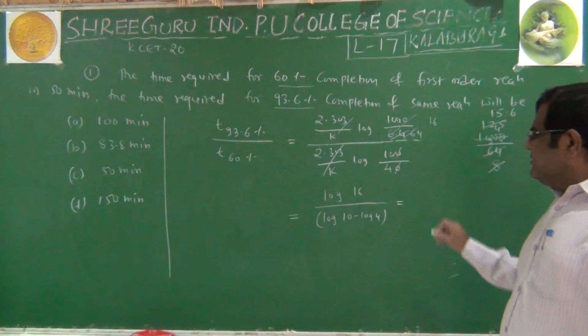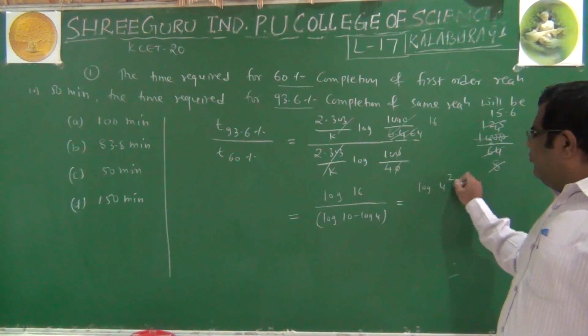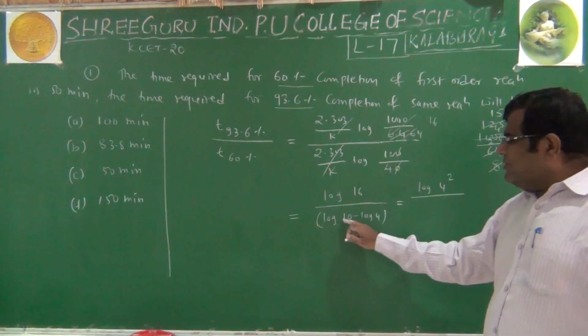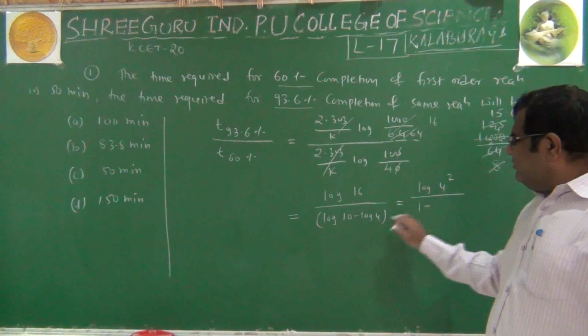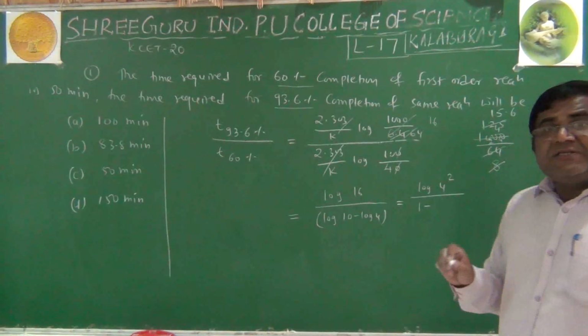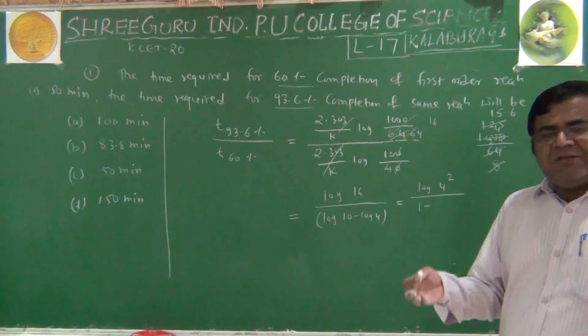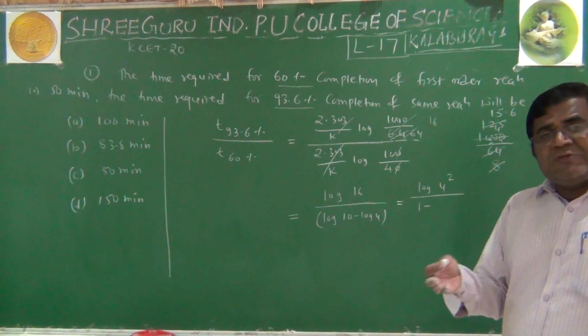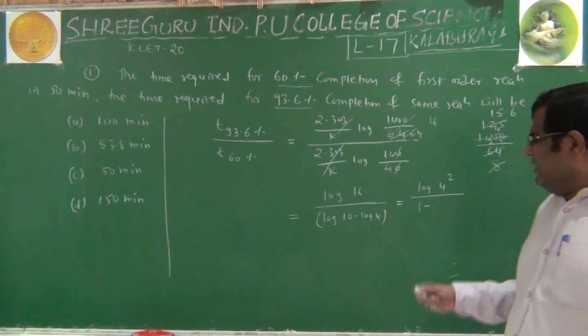Log 16 is nothing but log 4 squared. Log 10 is a 2-digit number, so it is 1. And log 4 is 0.6020, because log 2 is 0.3010, two times of that.